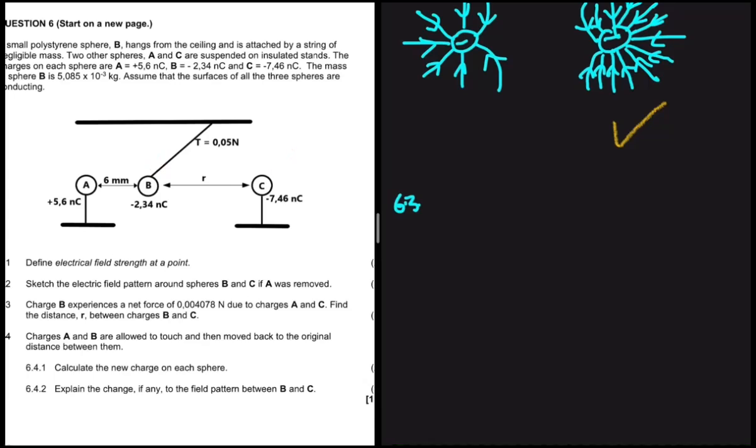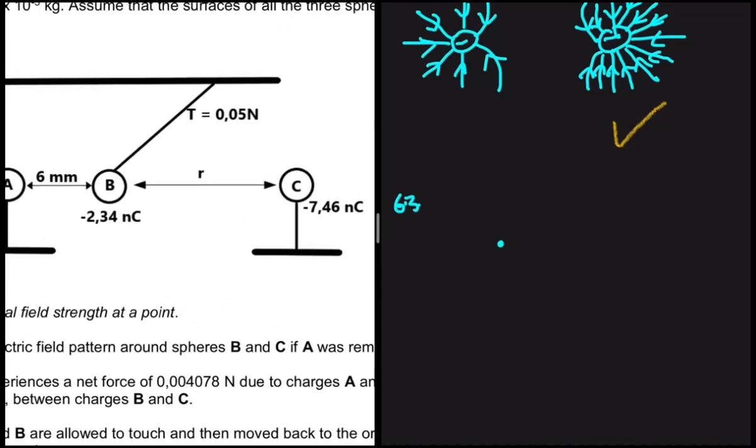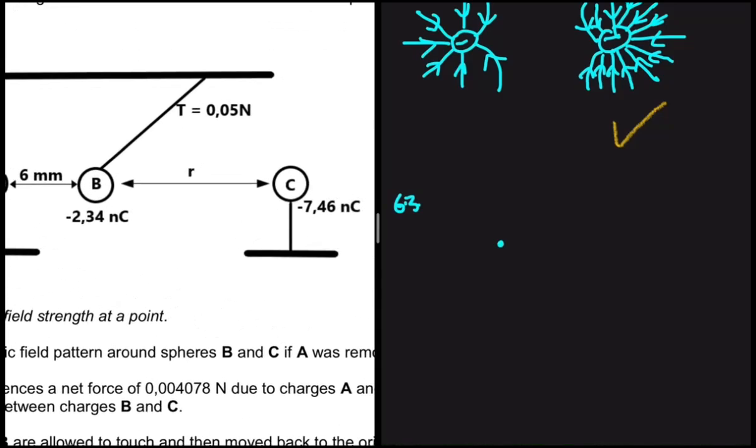So our charge of interest is B. We have the net electrostatic force that B is experiencing due to A and C. So let's draw a free body diagram for all the forces that B is experiencing along the X. B is negatively charged, C is negatively charged. That tells us that they're going to repel, like we have deduced in 6.2.